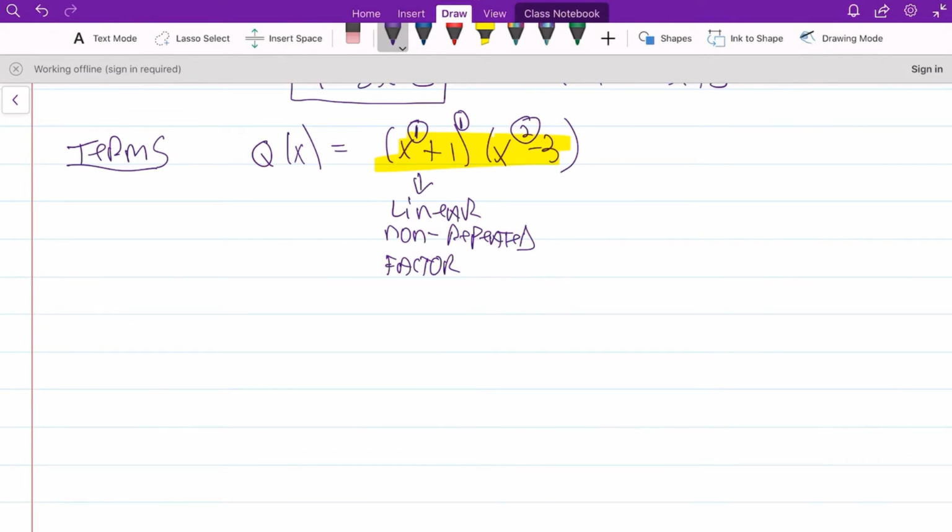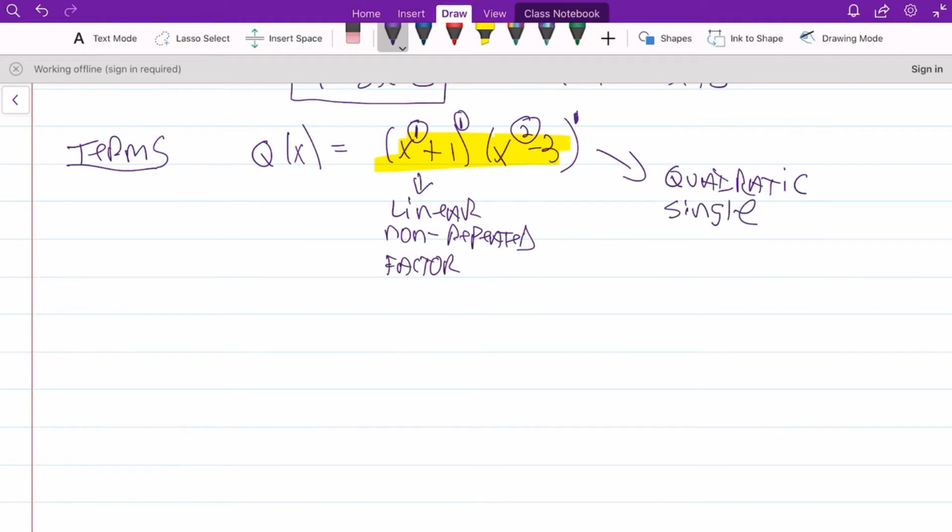All right, now we're going to go to the second one, and I'm going to look inside the parentheses, and I see my exponent is a 2. Well, we know if my highest exponent is a 2, that's going to be a quadratic factor. And I also see that my exponent on the outside is a 1. So again, this is going to be a single or non-repeated factor.